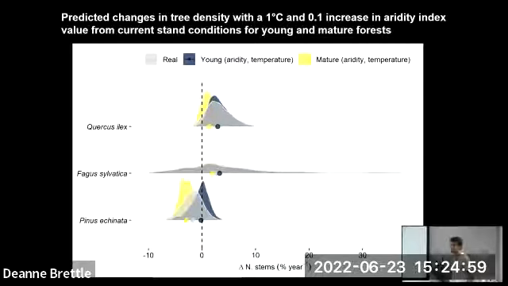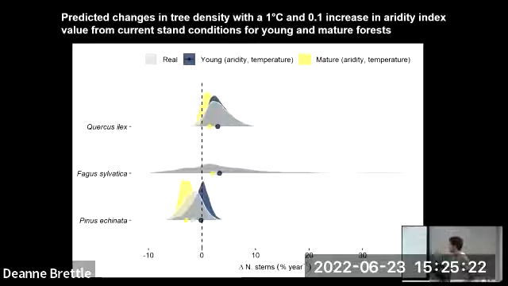What happens if you increase 1 degree in temperature and if you increase 0.1 in aridity index? If you are farther away 1 degree from where this population is, what happens in terms of density? This is the gray one, the predictions without changing anything, so kind of the real data.